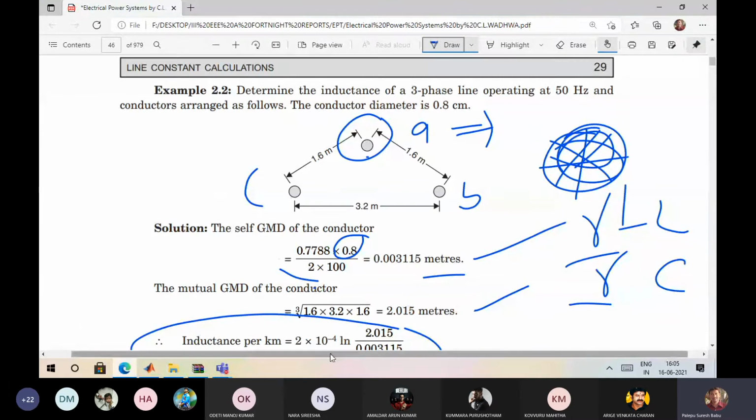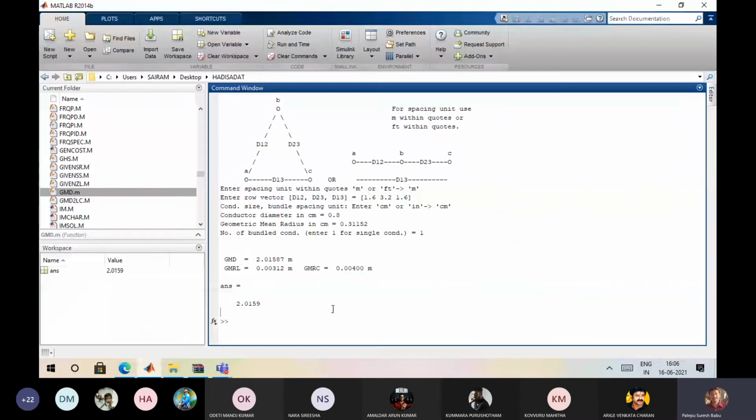The textbook answer is 2.015, and the result from MATLAB is also the same, 2.015. Here we consider four digits after the point. The theoretical solution in the textbook is 2.015.